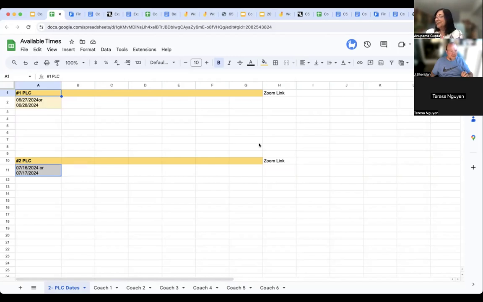Let me double check my calendar. I wasn't sure about that. There's 6 different ones for me too, so I'll double check. Okay, I put here that July 24th is the last day for my teachers. Oh, awesome. So the 16th or 17th is not late.